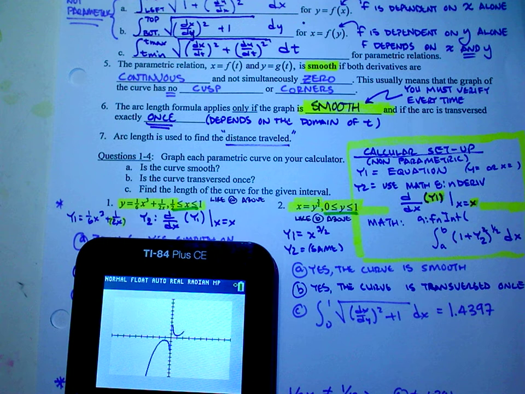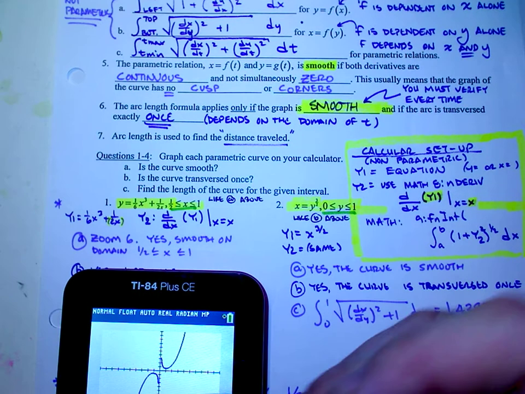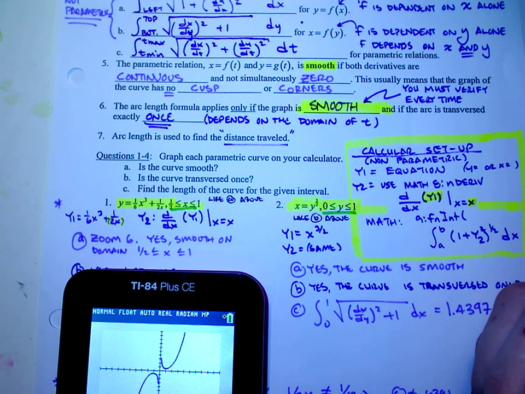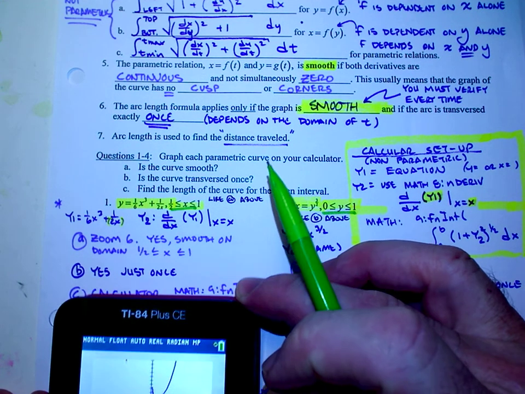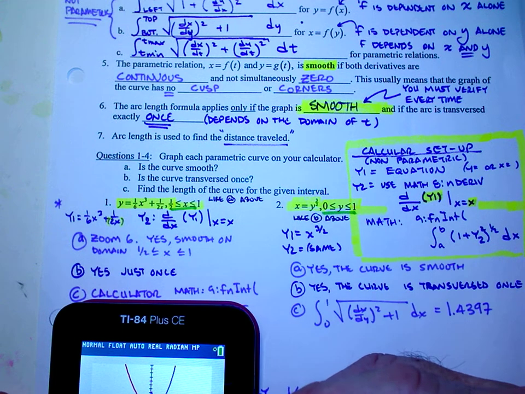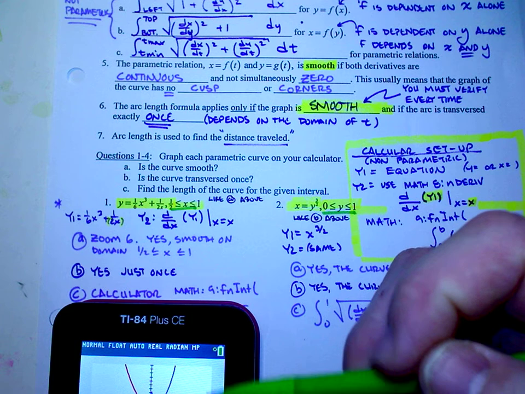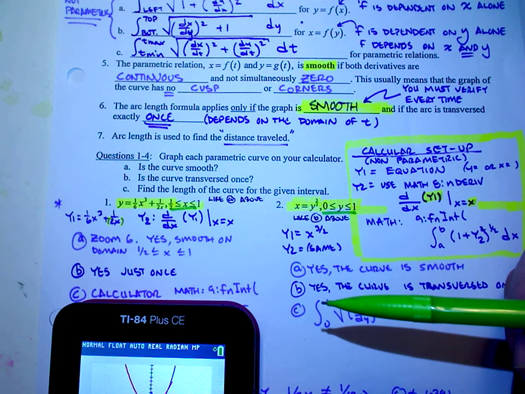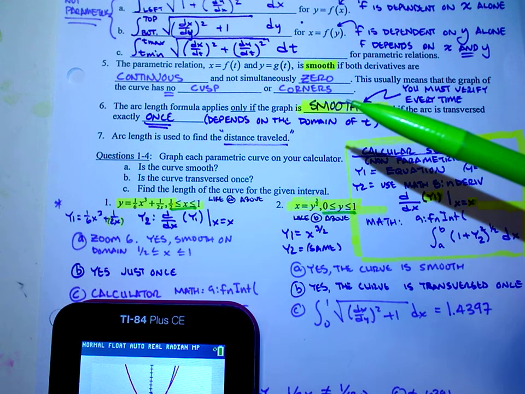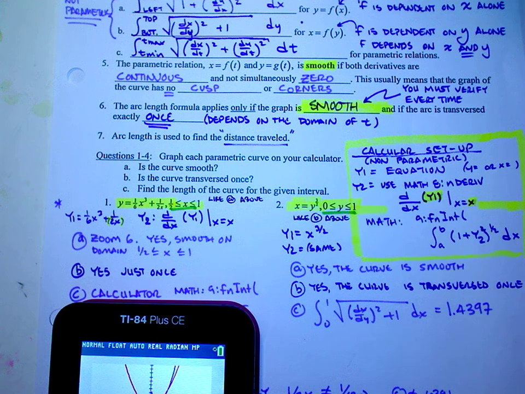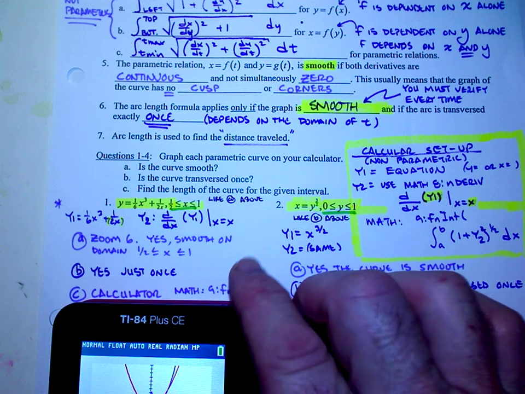You'll see that's the original function, which does have an issue at 0, but in our domain from 1/2 to 1, we are nice and smooth. And you'll see that we just travel this once. There is not a case here where we're going back and forth, because this is not a parametric function that would cause us to go back and forth. Okay? I didn't turn off the derivative graph, but that's the shape of that one.